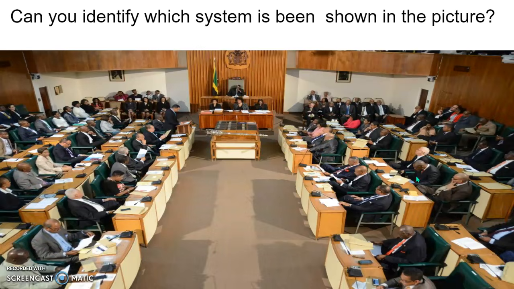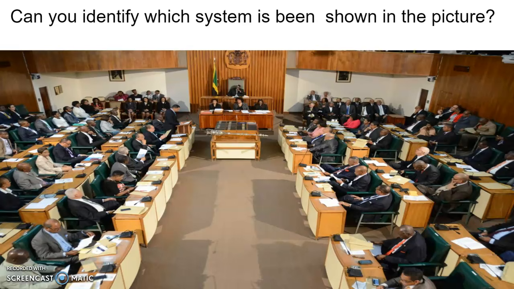Now I want you to look at this picture. Can you identify which legislative system is being shown here? Is this a bicameral legislature or is this a unicameral legislature? This is a picture showing Parliament.